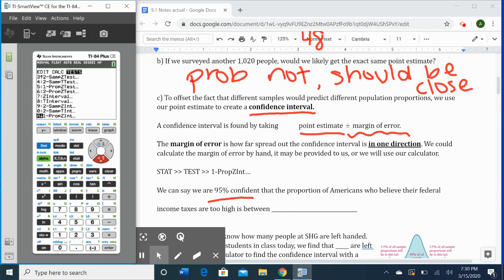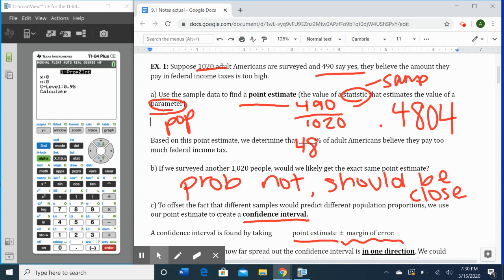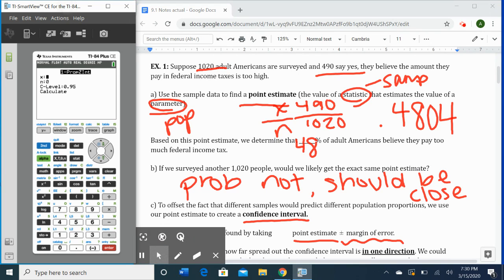I need the interval, not the test. And I have this x and this n. In my original problem, the x is the number of successes, or those that agree, and then your sample size is your n. So for me, x is 490, and n is 1020, my point estimate data.